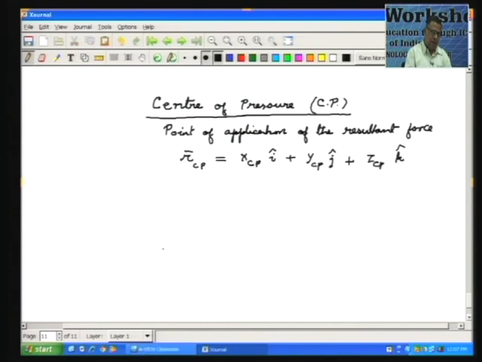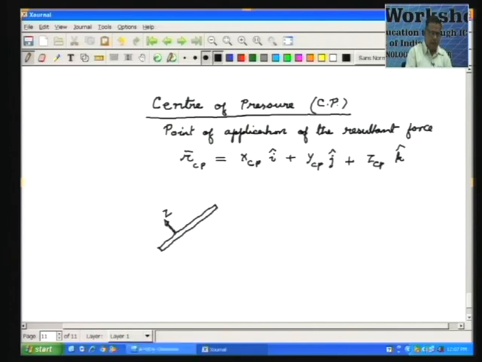Now, according to our coordinate system, the surface is z equal to 0. So, we had a coordinate z normal to this inclined surface.